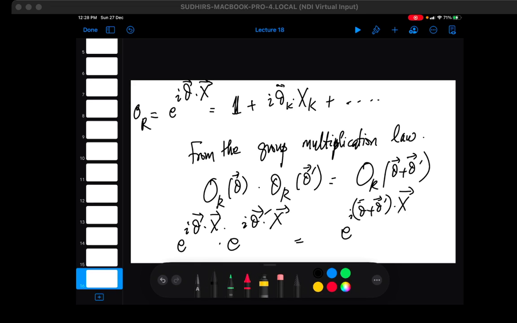Now you equate the left hand sides and right hand sides, and I will leave the examples. When you equate the equal powers of theta on both sides, you'll end up having something called the algebra, which is also called the Lie algebra.